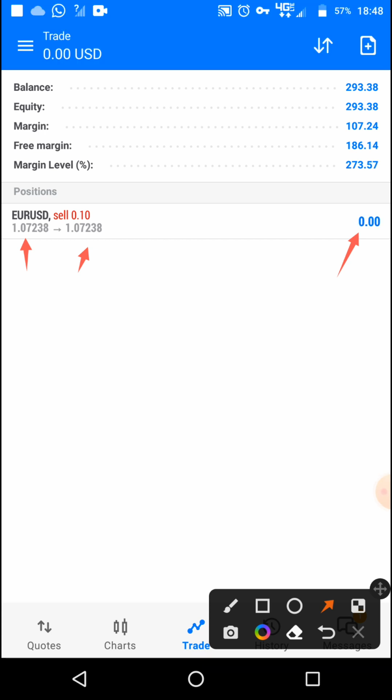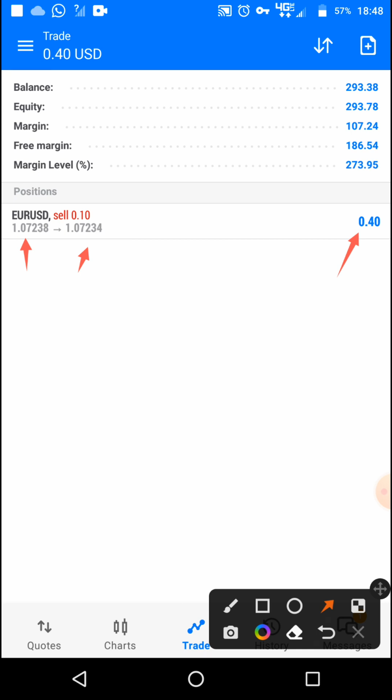Right now the market hasn't moved 1 pip yet, so it's not giving me $1.